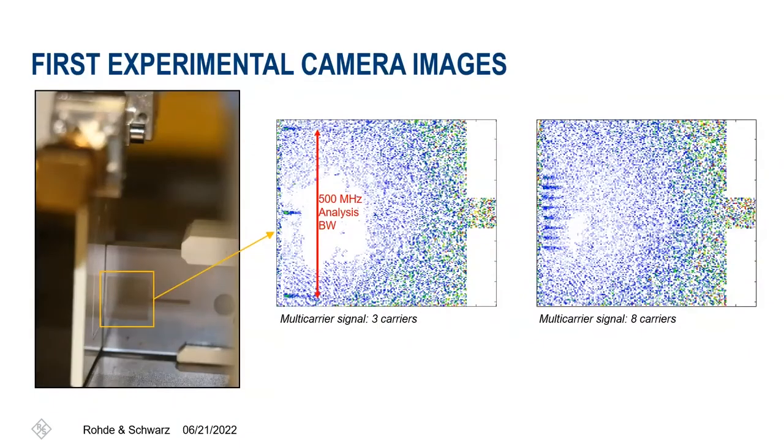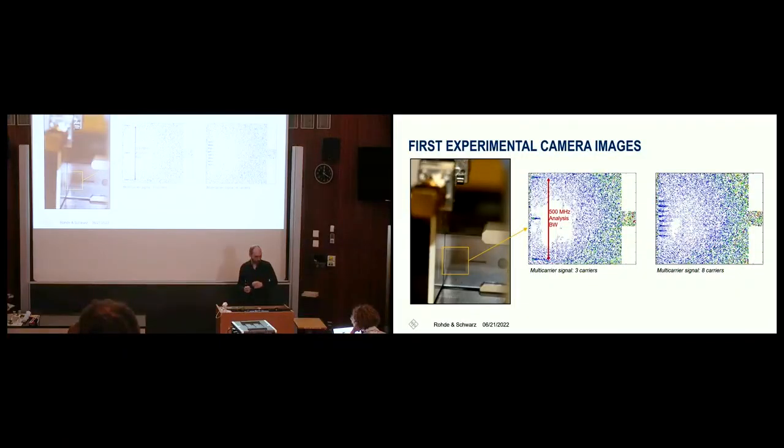And you nicely already see on the left-hand side of this rectangular region of the gas cell, you can see the spectral lines that are created by the microwave field. And on these images, we can also already see the analysis bandwidth, which at this time was around 500 megahertz.